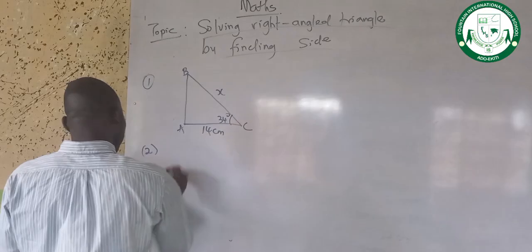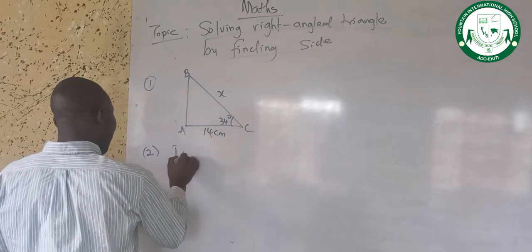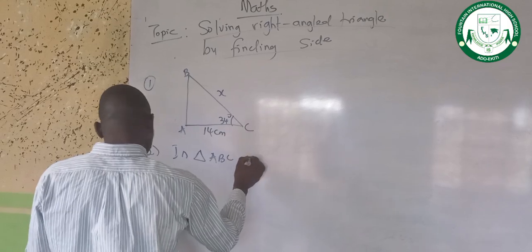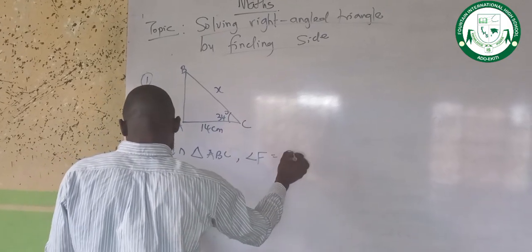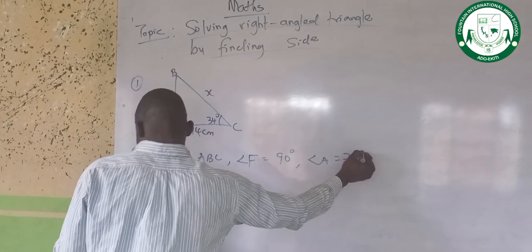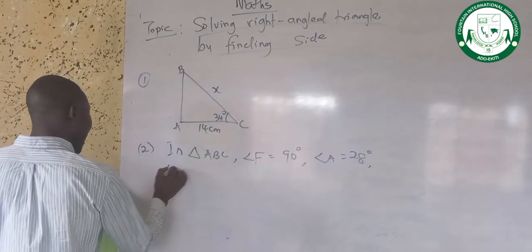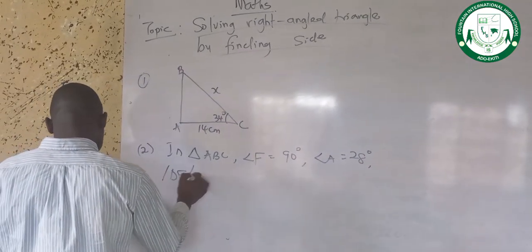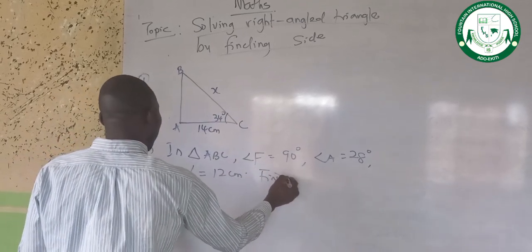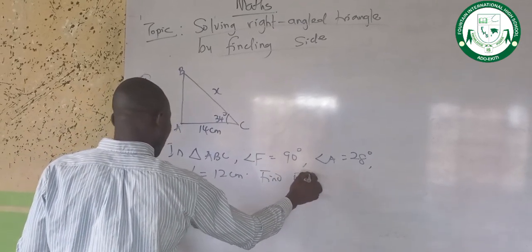Number 2, let's have it in a word problem like this. In triangle DEF, if angle F equals 90 degrees, angle D equals 28 degrees, and side DF equals 12 centimeter, we have to find ED.